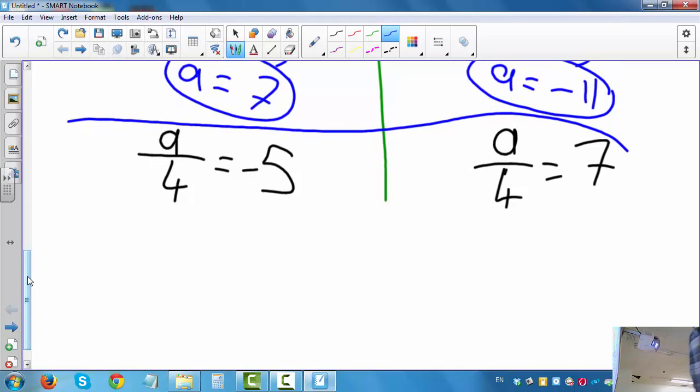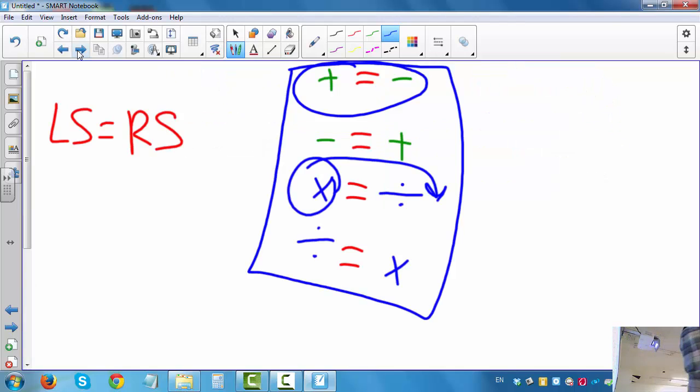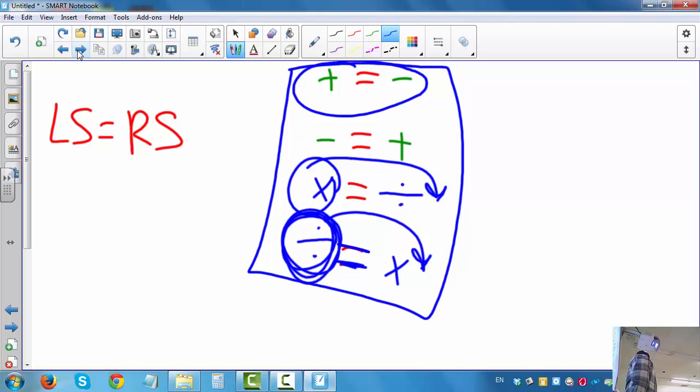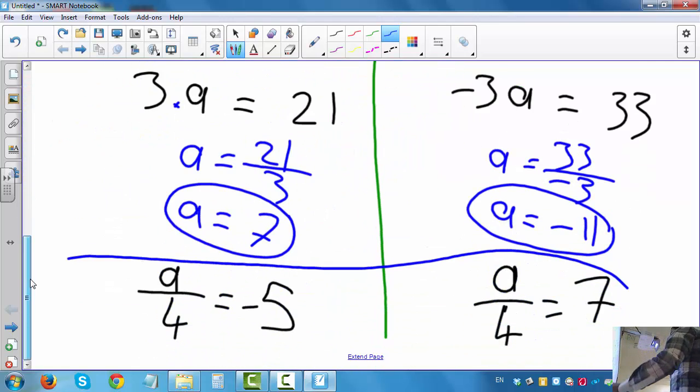A divided by 4 equals minus 5. Fine. Let's look at the rules. The rules tell me that if a number is dividing, and if you need to send it to the other side of the equation, make sure it multiplies this time. That's the rule. Let's go back.